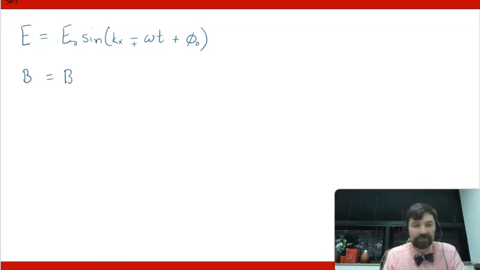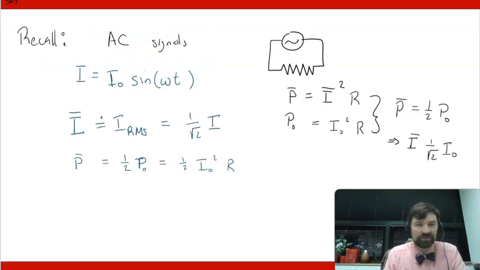B was B naught sine of kx minus or plus omega t plus phi naught. And in some sense, if we were to go back to this equation here, this sine omega t term, you could call it sine of omega t plus phi naught prime, and it could be plus or minus.